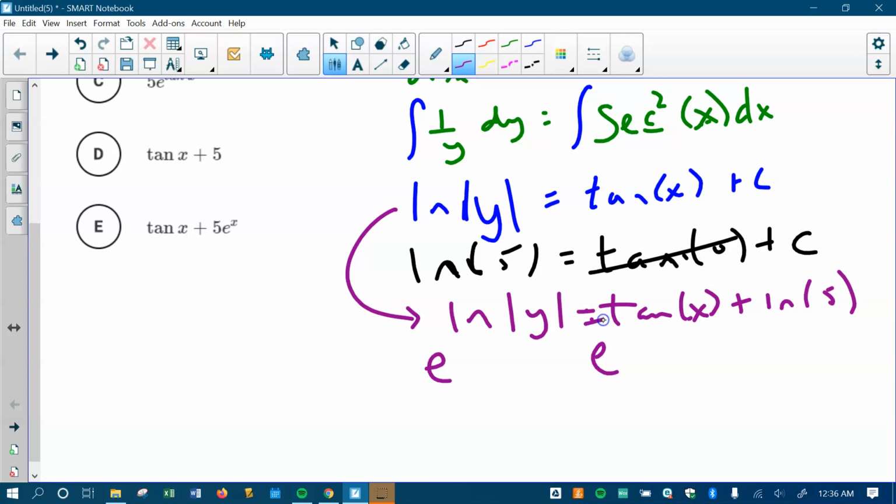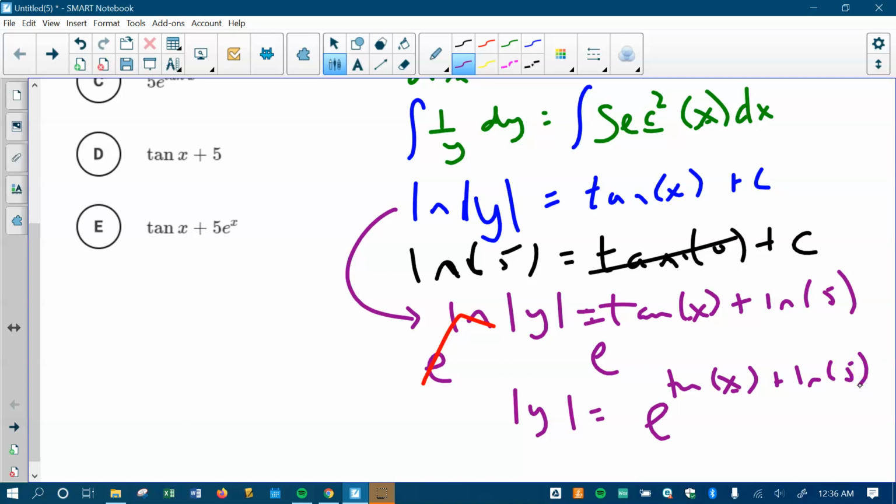If you're not sure what exponentiate is, it's basically raising everything from before as an exponent with some base on the bottom. e to the ln allows you to drop the base. We get the absolute value of y equals e to the (tan x plus ln 5), all in the exponent.